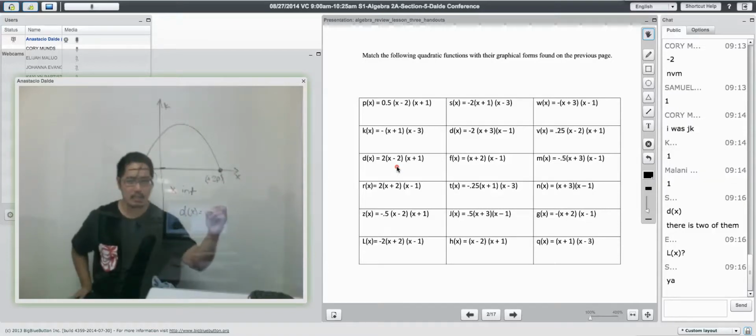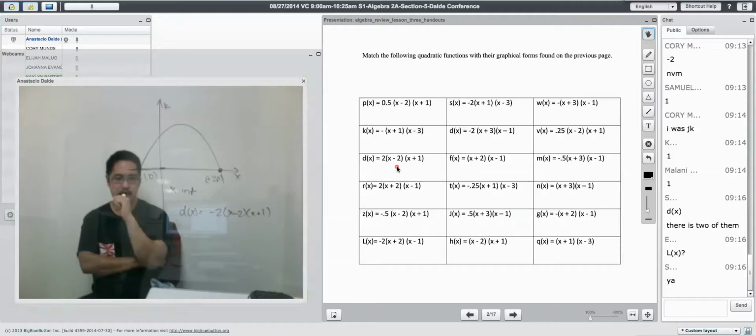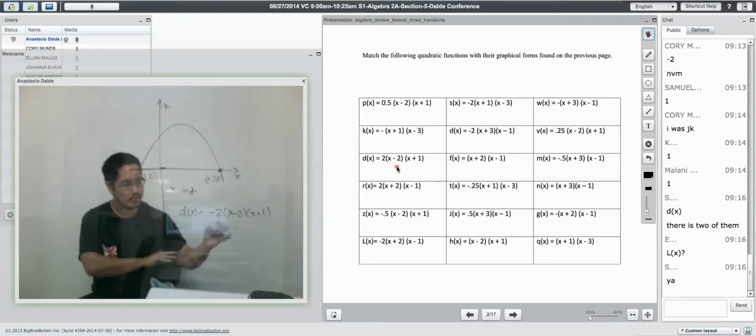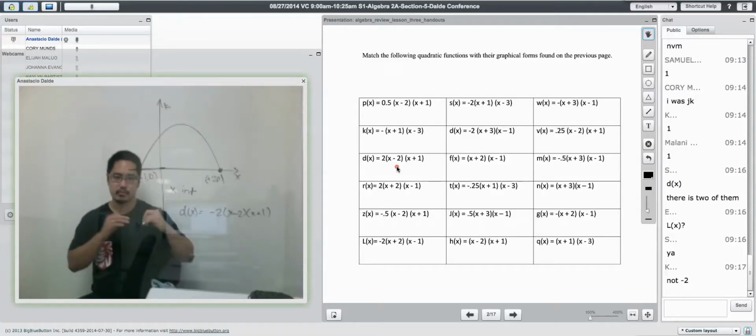D of x equals, is that negative 2 times x minus 2 times x plus 1? Awesome. Okay. So if I plug in the negative 1 into this right here, substitute in as x, I've got negative 1 minus 2. What is that?